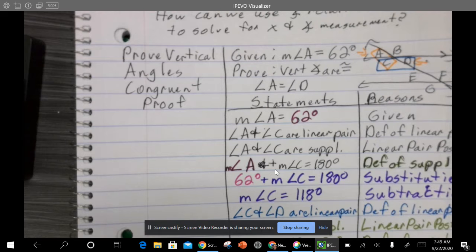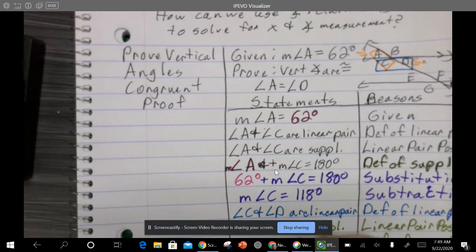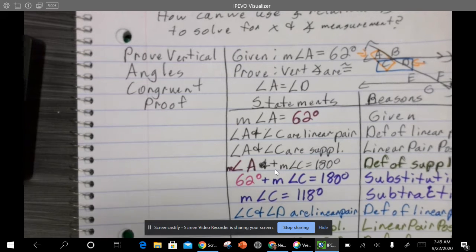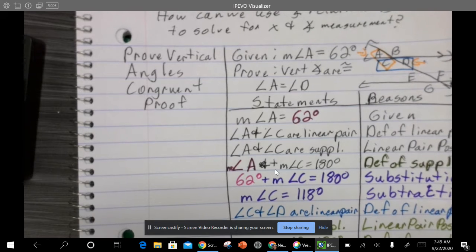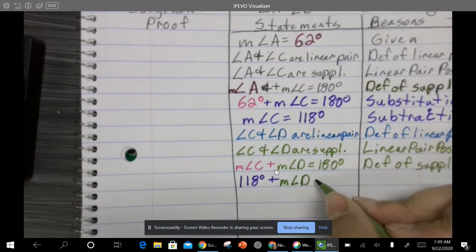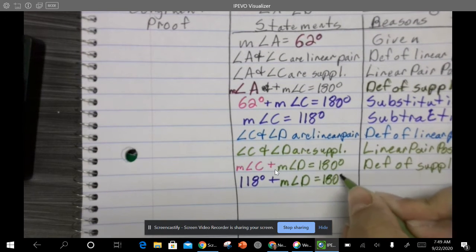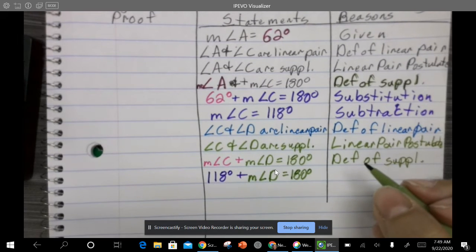Okay, and then we're going to do substitution. So I'm going to substitute in for angle C 118 degrees. What's the measure of angle D is equal to 180. Okay.